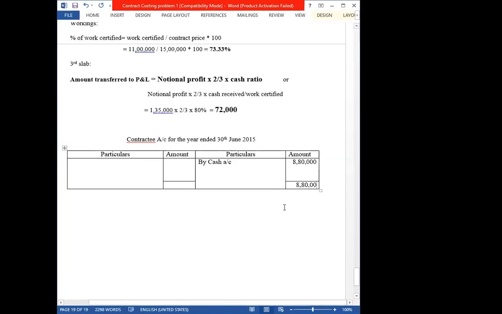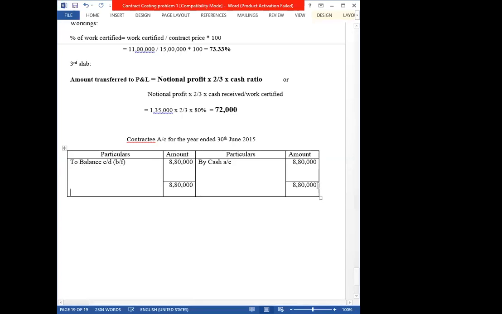8,80,000. Okay, write the balance in the debit side. So to balance carry down, the entire amount will become closing balance. And this is nothing but the balancing figure. Okay, very important, this you should transfer to the next year. Write the same amount here.